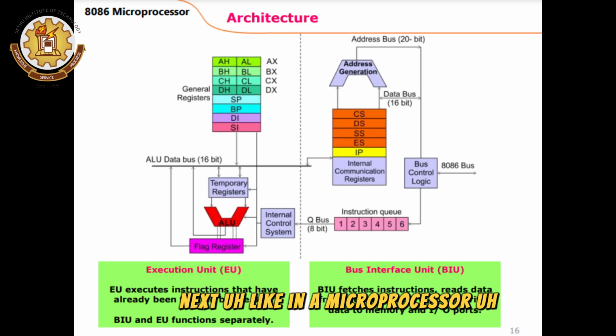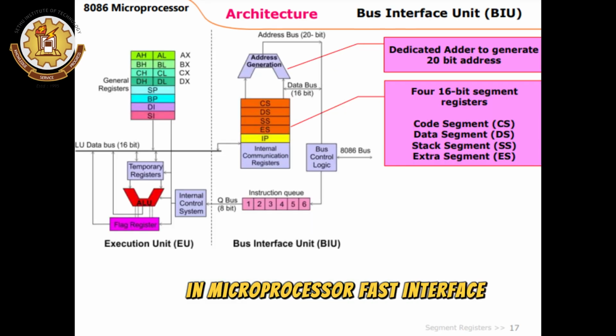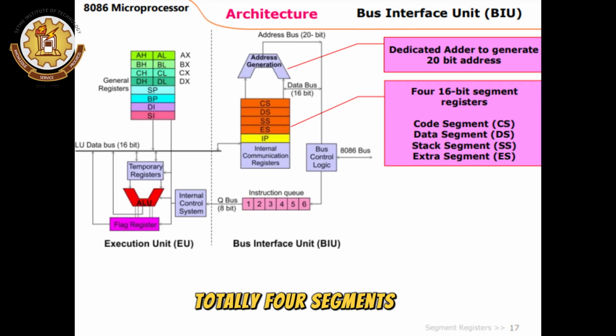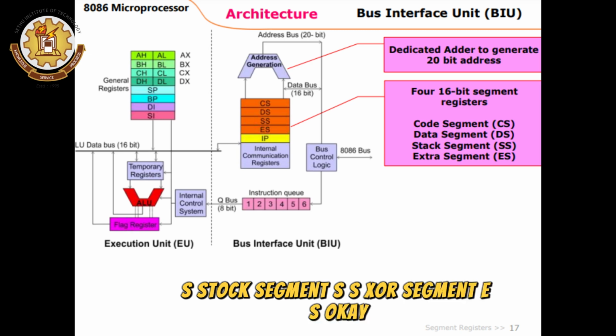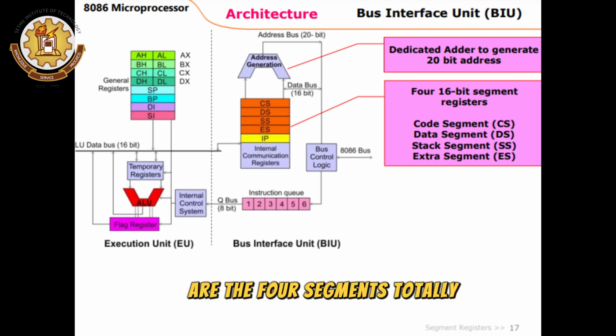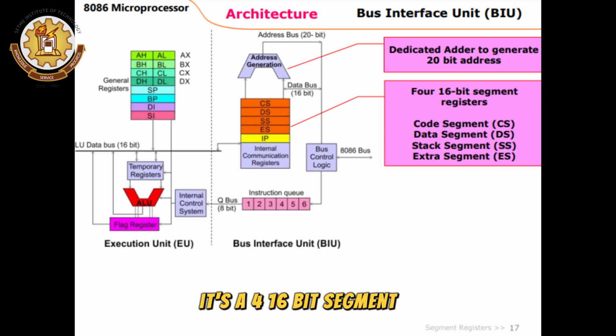Next, in the microprocessor's bus interface unit, totally 4 segments are there: code segment CS, data segment DS, stack segment SS, and extra segment ES. These are the 4 segments, each a 16-bit segment register.